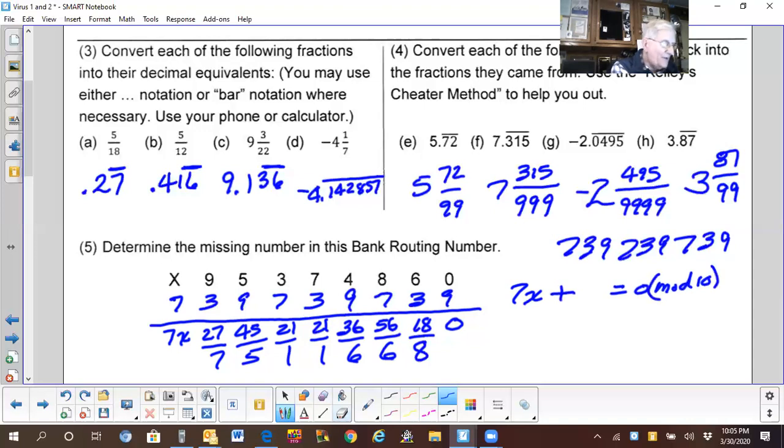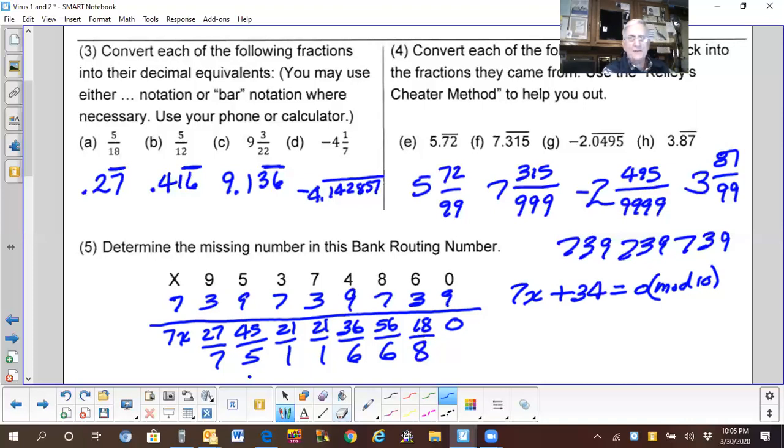All right, I'm going to add the numbers in both directions. Hopefully I'll get the same answer. So 7 and 5 is 12, 13, 14, 20, 26, 34 I got. I'm going to go the other way now and see if I get 34. So 8 and 6 is 14, 20, 21, 22, and 5 is 27, and 7 is 34.